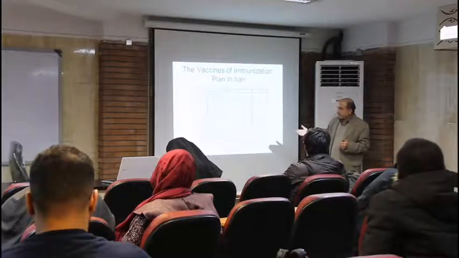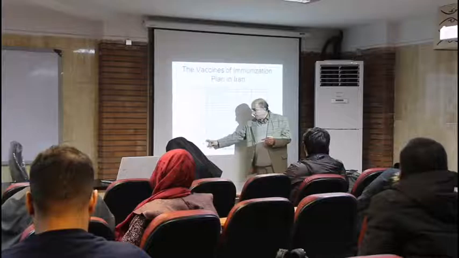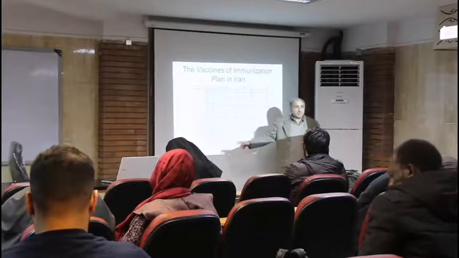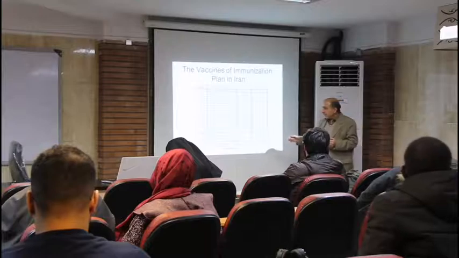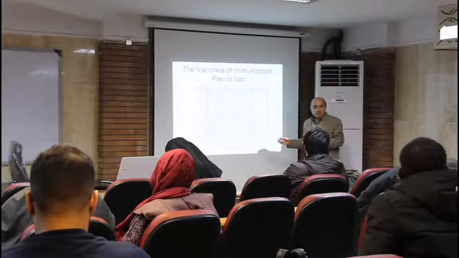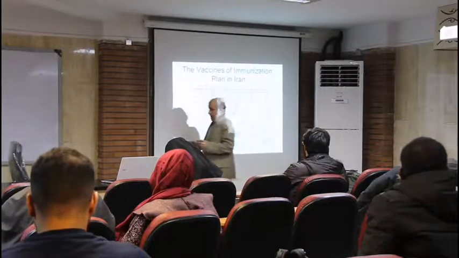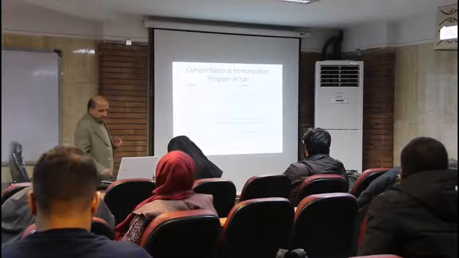Pentavalent is DTP plus Hib plus HepB. And the last, Hib, is for Haemophilus influenzae type B. Please consider all of them because they are important.